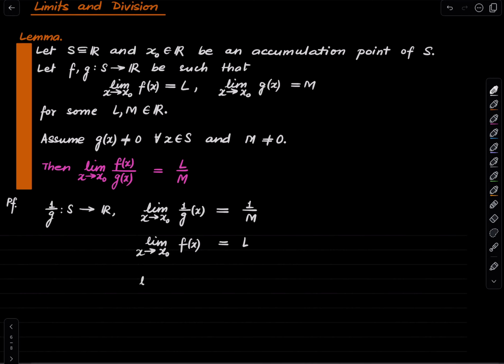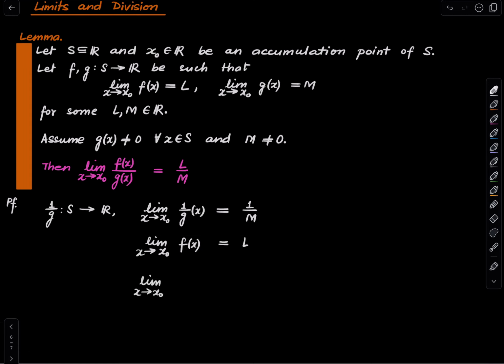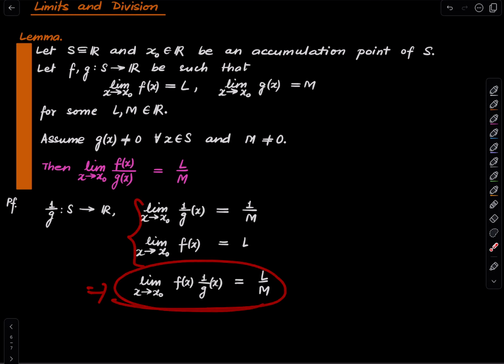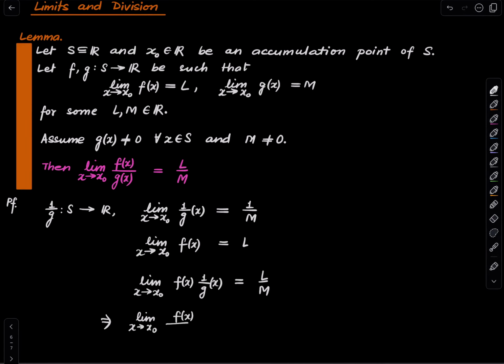So you just use that limits behave well under products. This implication is immediate from the good behavior of limits under products. And this is just a rewriting of what we desired. So that proves the limits theorem regarding division.